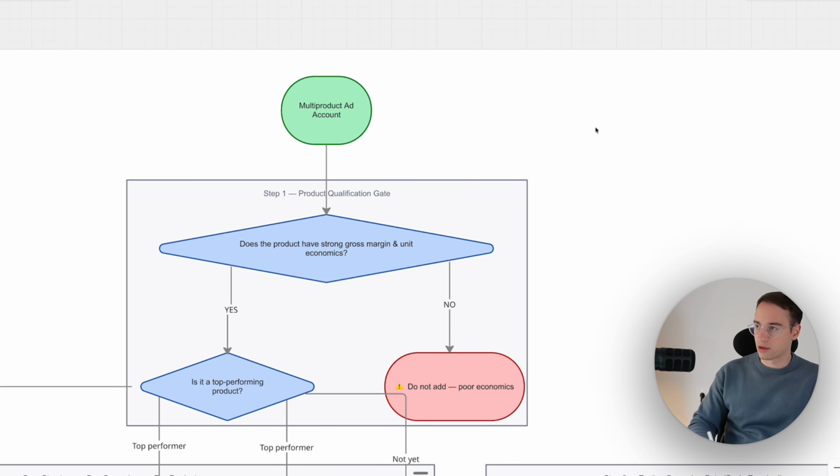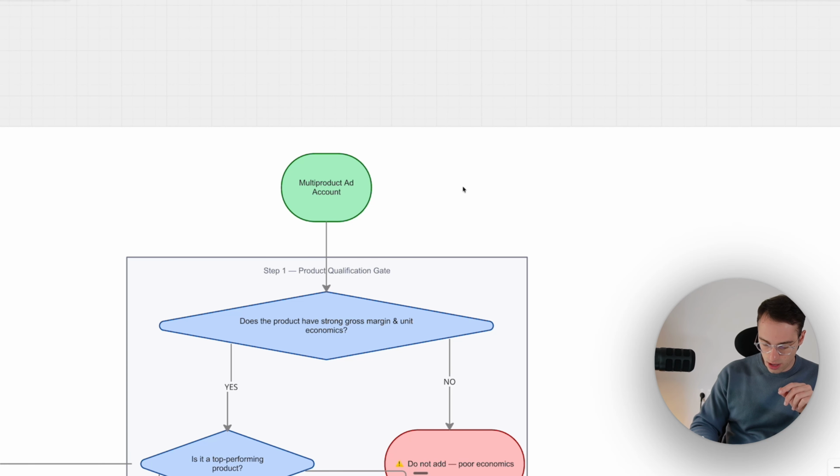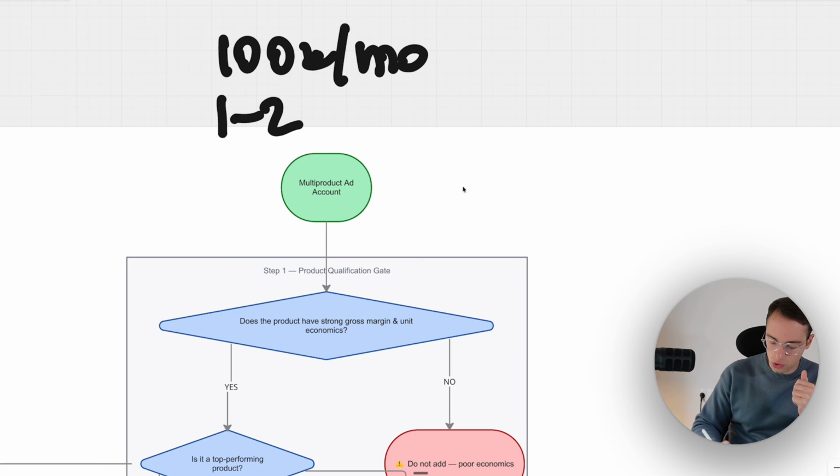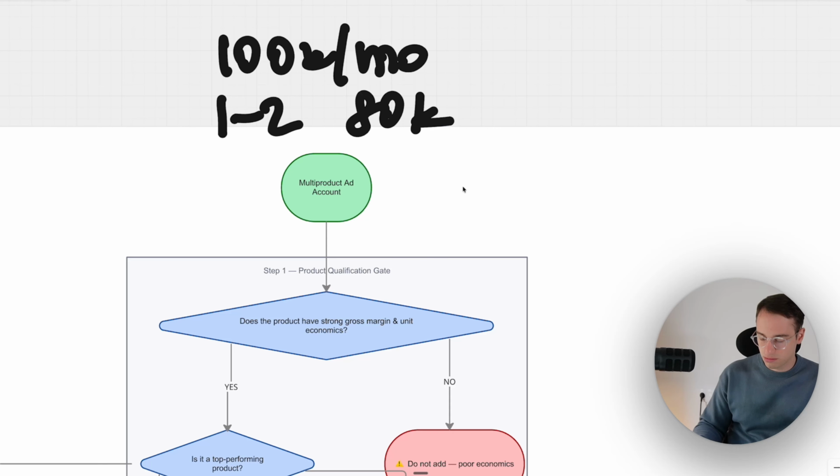So let's say, for simple numbers here, you have 100K per month in revenue. This is going to be broken down. If you have multiple products, maybe 5 SKUs, usually 1 to 2 SKUs are going to be like 80K or maybe 70K, something like that.